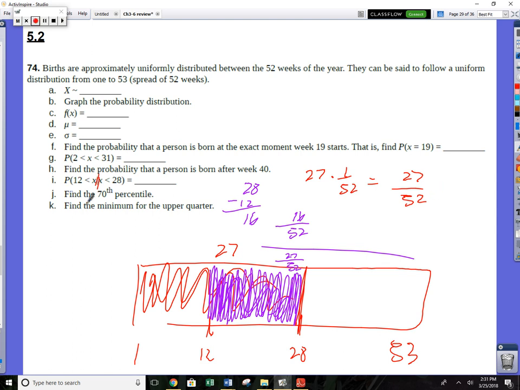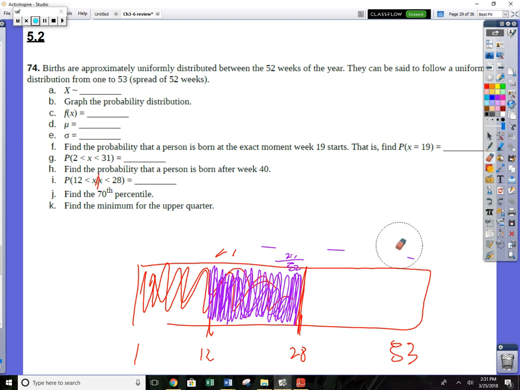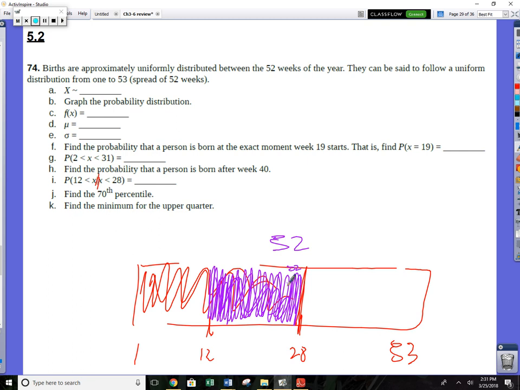Okay, J, find the 70th percentile. Here's what we got to remember. It's kind of a tricky question. This rectangle is actually 52 in width. We did shift it over once. So instead of starting at 0 and going to 52, we shifted it over and went from 1 to 53. But the spread is still only 52.